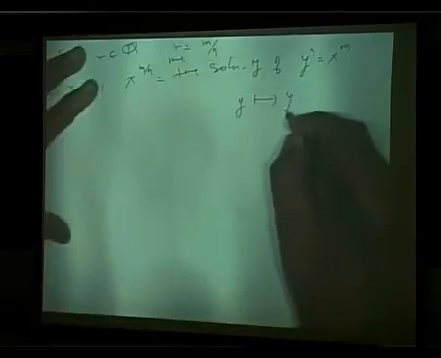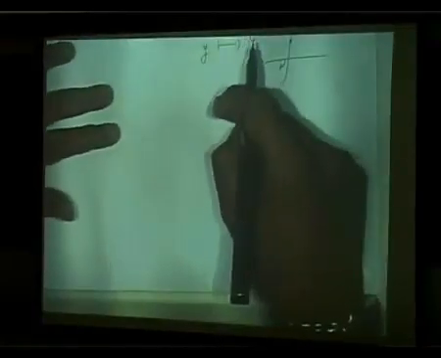Because if you look at the function y going to y power n, when y is 0, it is 0. And as y goes to infinity, then you know that this goes to infinity.